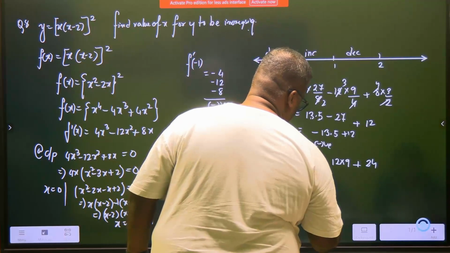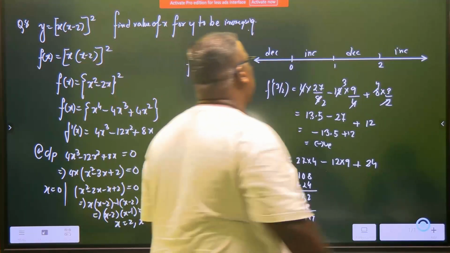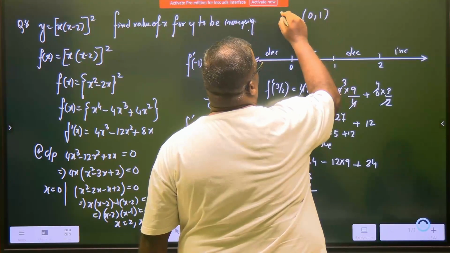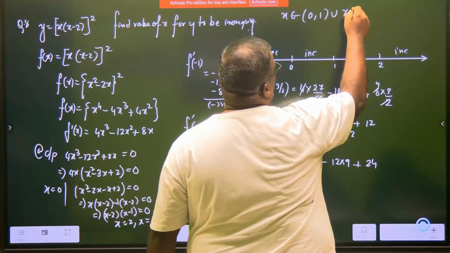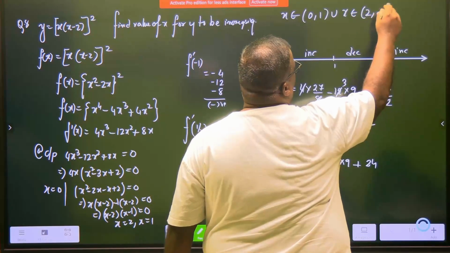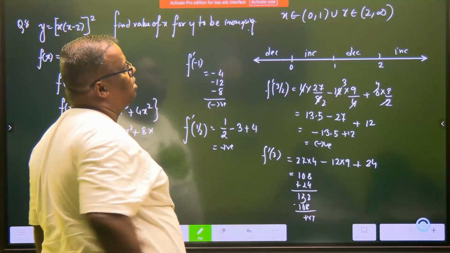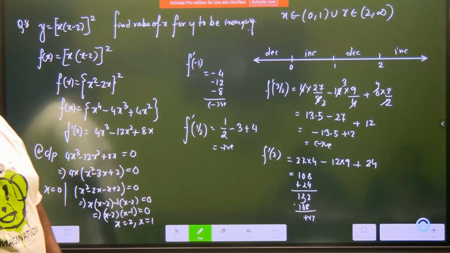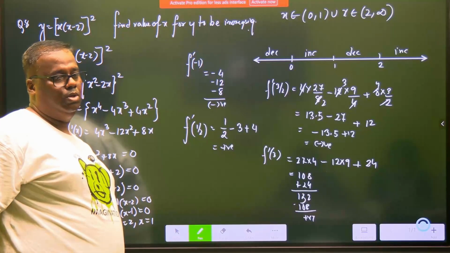So this is positive. The function is increasing. So the function is increasing for x belongs to (0, 1) union x belongs to (2, positive infinity). Just check: (0, 1) and (2, infinity).